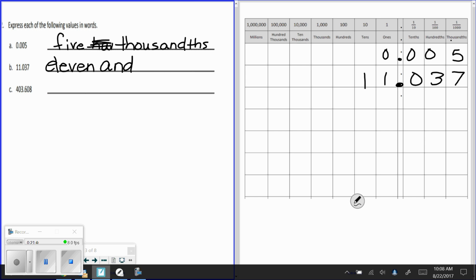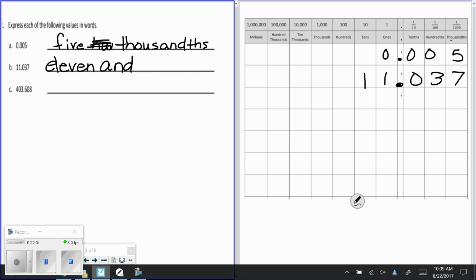When you first look at something, you go, woo, and you freak out, and then I show it to you, and you go, oh. But it's made simpler if you use the chart. If you don't have the chart, it's harder.